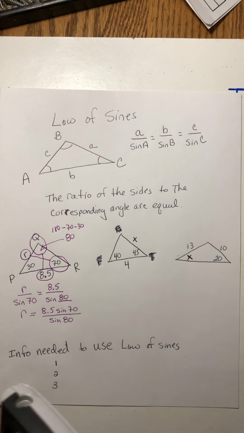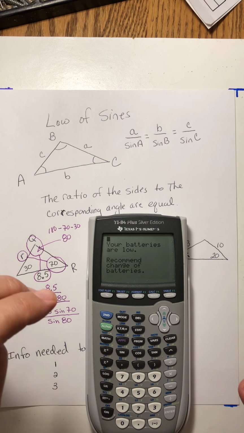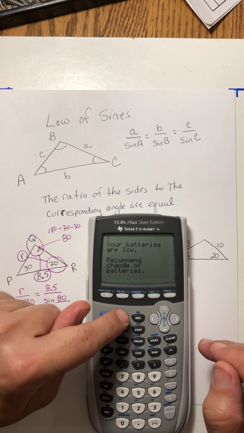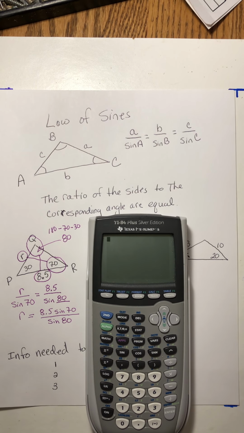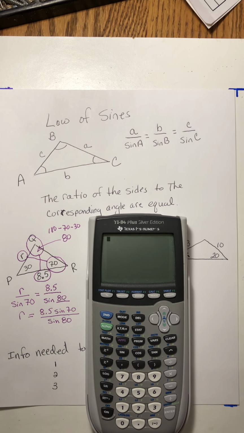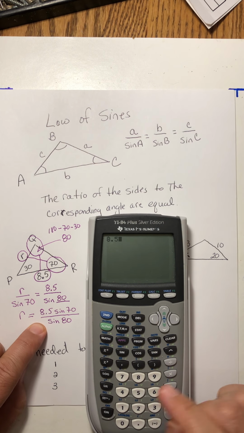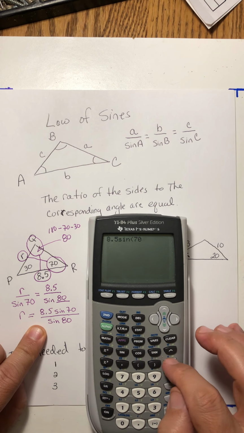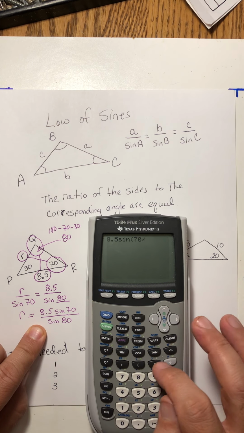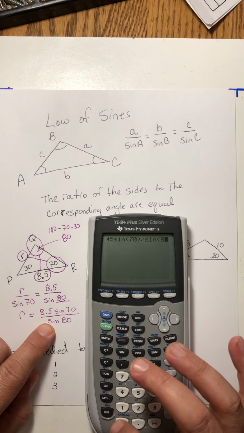Okay, make sure your calculator is in degree mode. Batteries are low. It's in degree. And I'm going to type in 8.5 sine of 70, close that parentheses, divided by sine of 80.